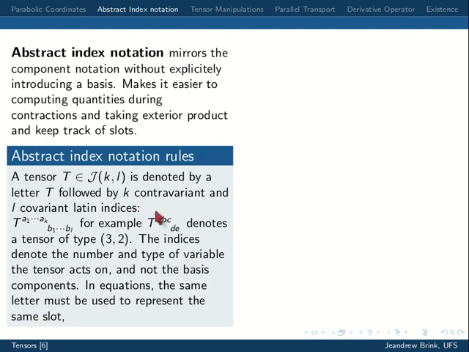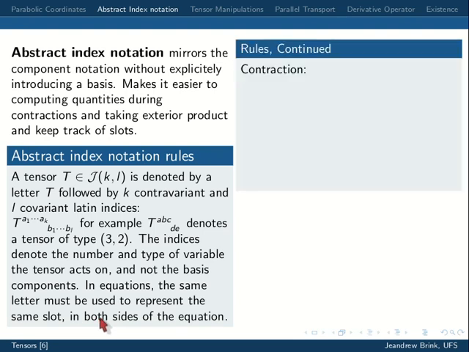Instead of having the function with all the commas in it acting on stuff, this notation simply keeps track of what you're acting on, whether it is a contravariant index, in other words up, or a covariant slot, down. This allows us to write down both sides of equations, if we contract things, or if we take the exterior product.